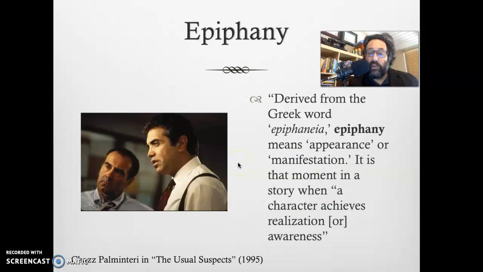A great example of it is the end of The Usual Suspects. And I can't spoil it because as a cinephile, someone who likes film, I can't spoil it. That's one of the classic crime dramas of all time. So watch the movie. If you've seen the movie, you know what I'm talking about. If you haven't, maybe check it out if you have the time.